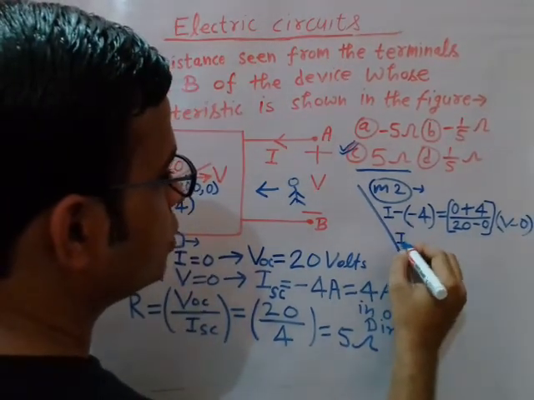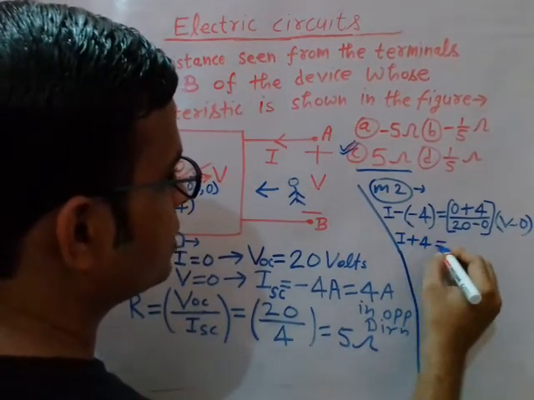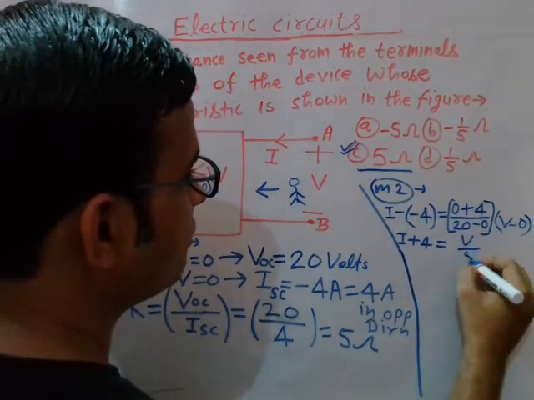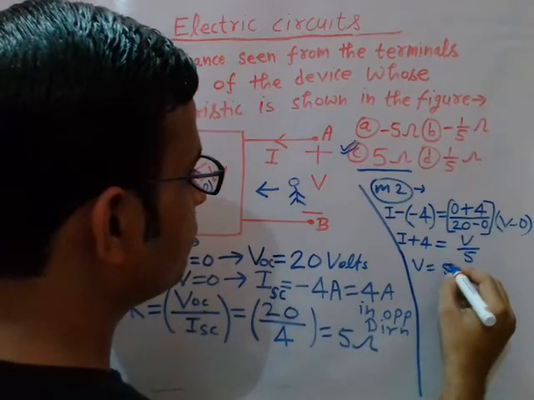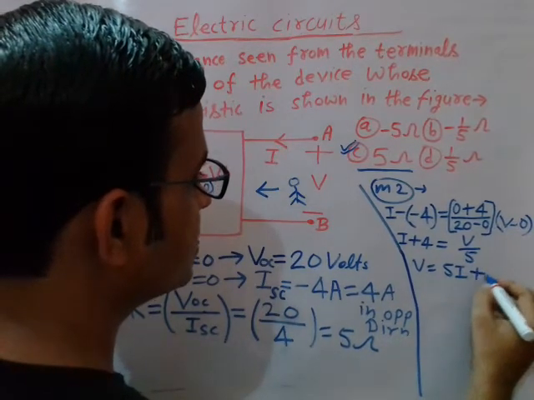So here you will get I plus 4 is equal to V by 5, or you can write V is equal to 5I plus 20.